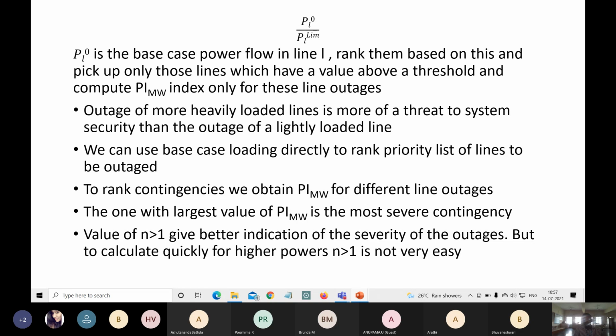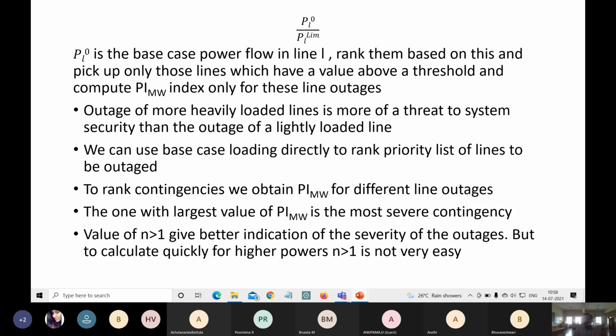That's the thing. And we can use base case load directly to rank the priority list of the lines to be outaged. So based upon your base case loading, we can directly rank the priority. To rank the contingencies, we obtain the performance index for different line outages.